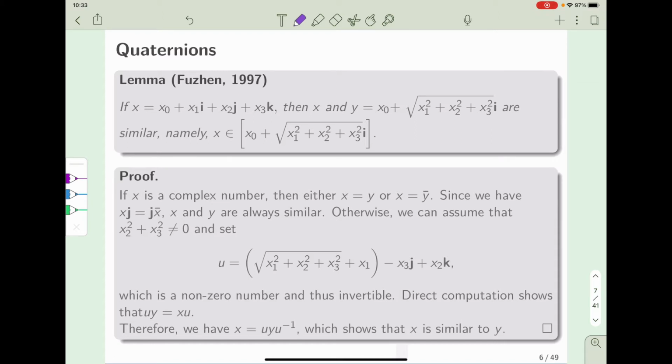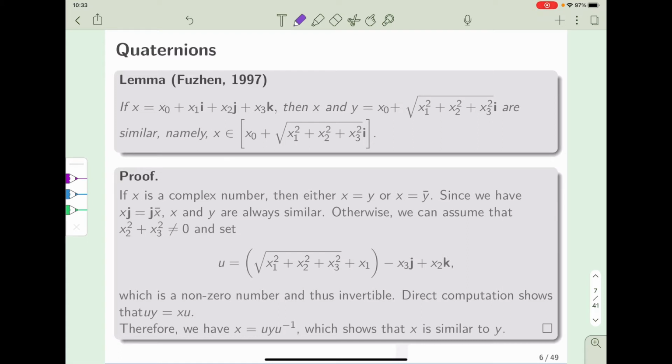The proof is just a direct computation. Therefore, for any quaternion, we can use this lemma to transfer all the weights from the j-k coordinates solely onto the i coordinate. And then after we do that, we don't change the equivalence class.